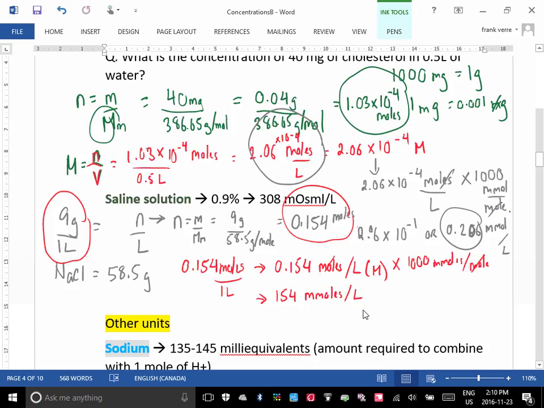It's the same procedure we used in the previous question. Now milliosmoles, so you'll notice that, so you see this, right?